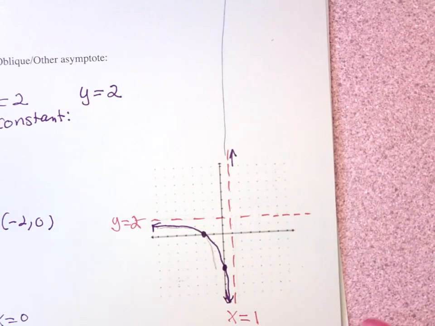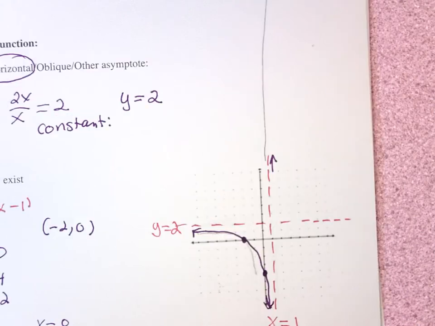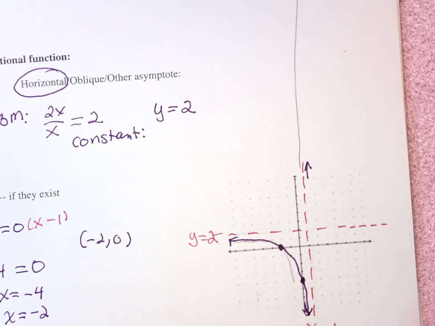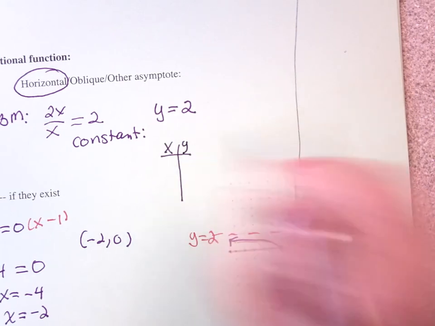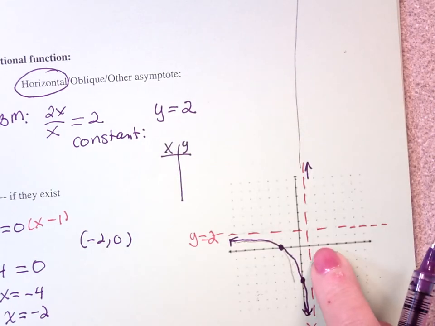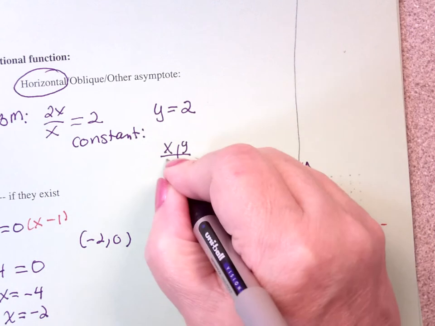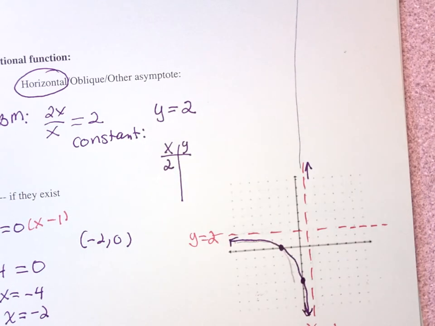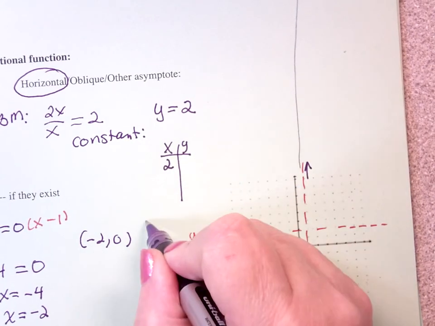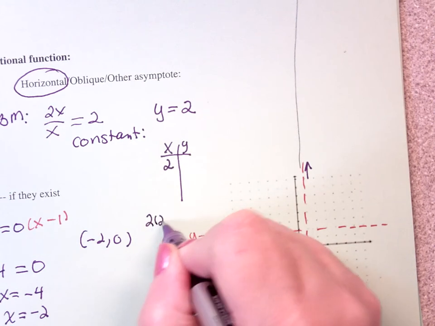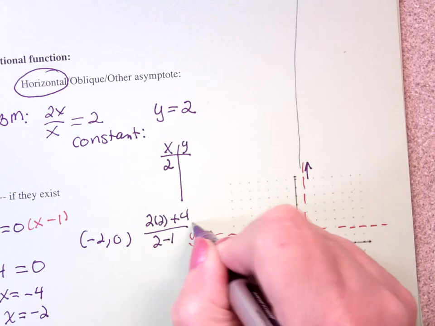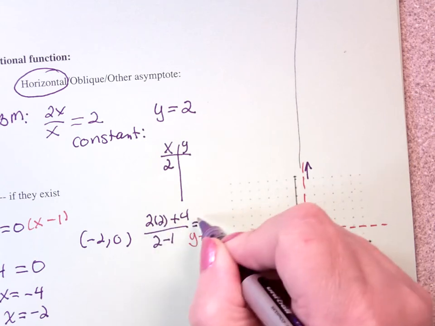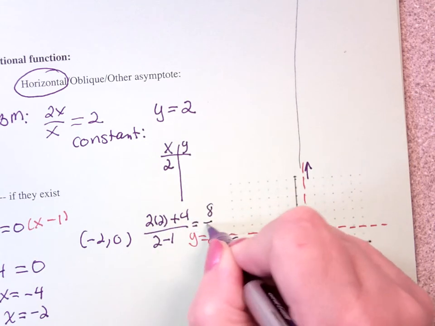Now, if that doesn't make you happy, which I'm sure there's not much that makes you happy, just pull a coordinate point. A coordinate point to the right of 1, like 2. Now, if you evaluate this, I'd have 2 times 2 plus 4 over 2 minus 1, which is 4 plus 4, or 8, over 1, or 8.